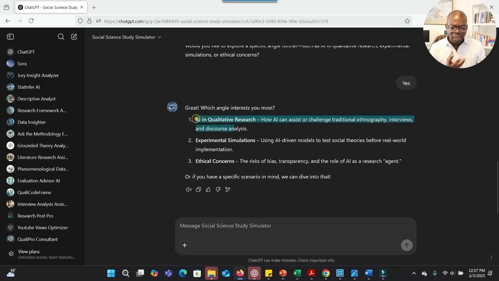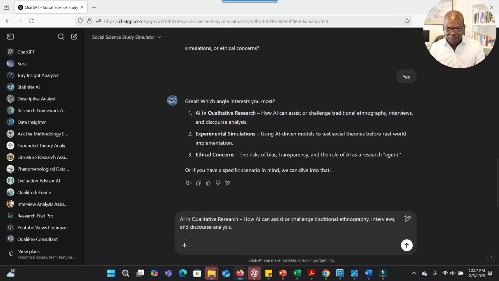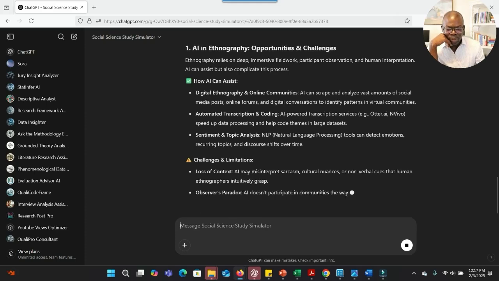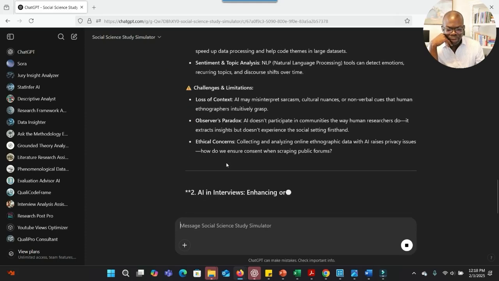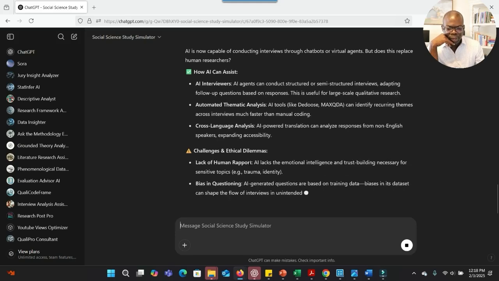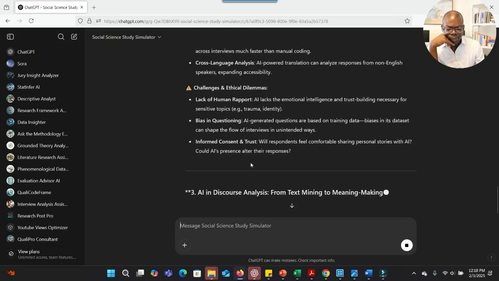So let's say I want to focus on this area. Let me copy and put it here and see what the system would do. So it's giving you how it can help you, and also the limitations and strengths. So it's giving you areas that you could do research on.